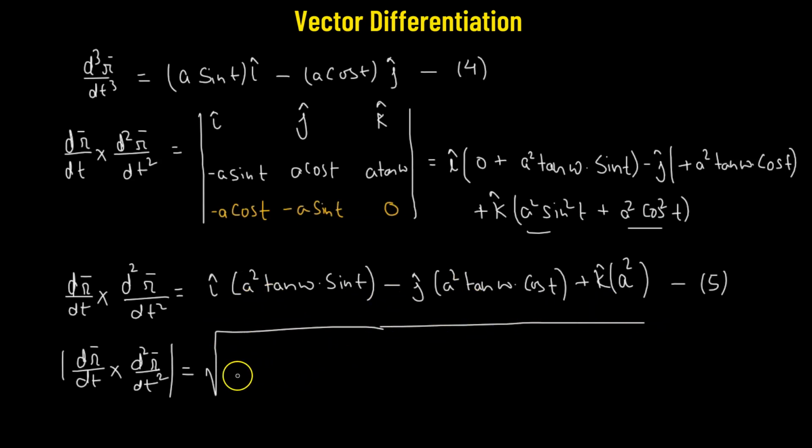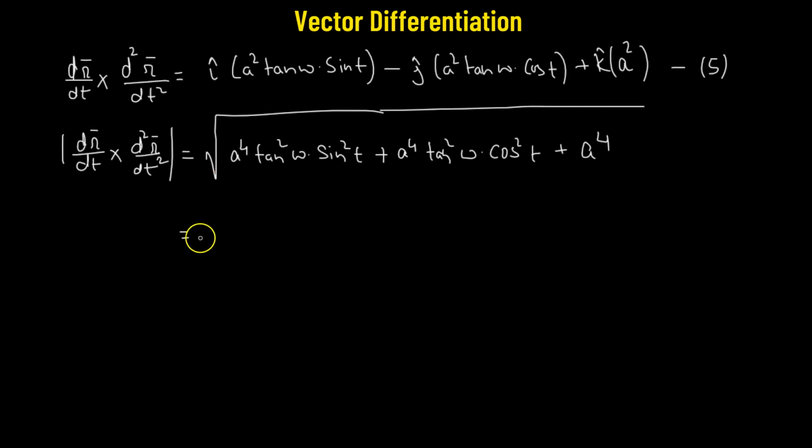So for the first component we have e raised to the power of 4, tan squared omega times sine squared t. For the second, this negative will become positive, so we have e raised to the power of 4, tan squared omega times cosine squared t, plus a squared whole squared, so that will be e raised to the power of 4.